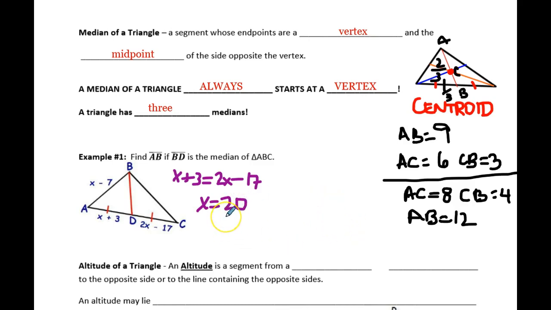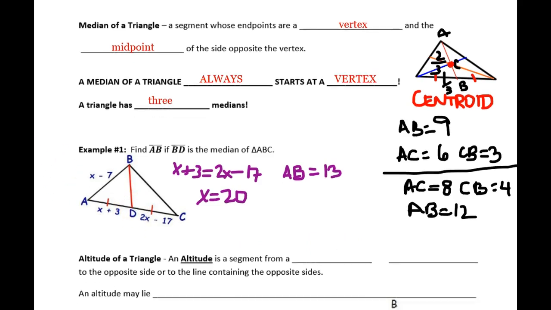And then once I figure out what x is, I can plug it in here, and 20 minus 7 gives me 13. All right.